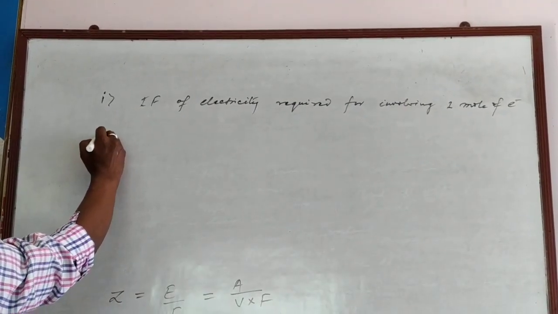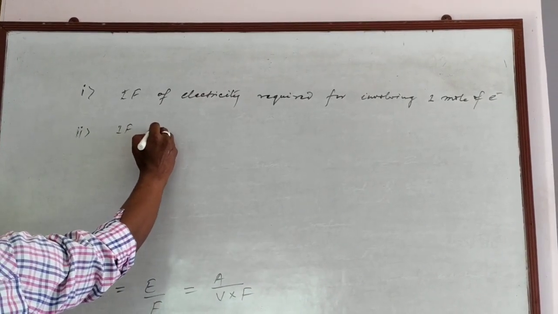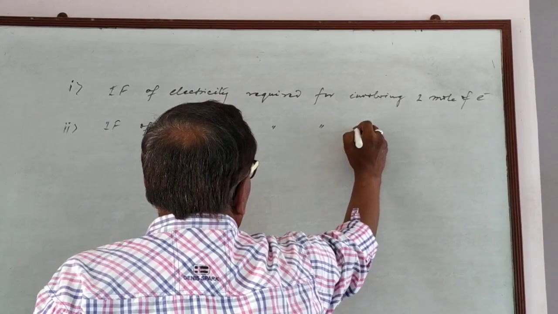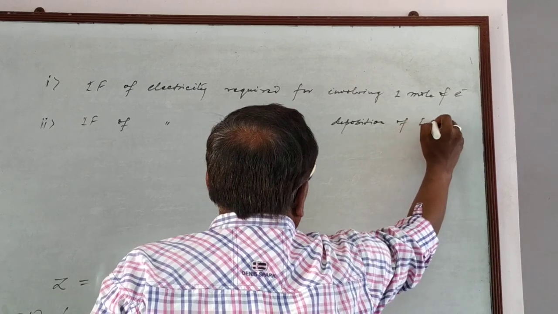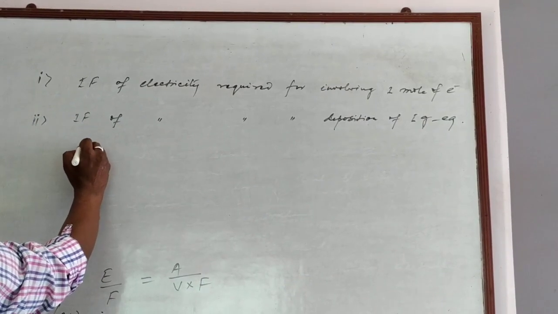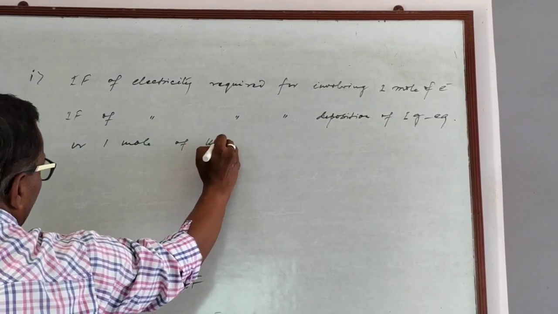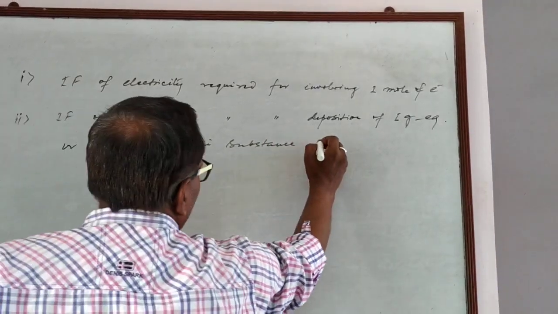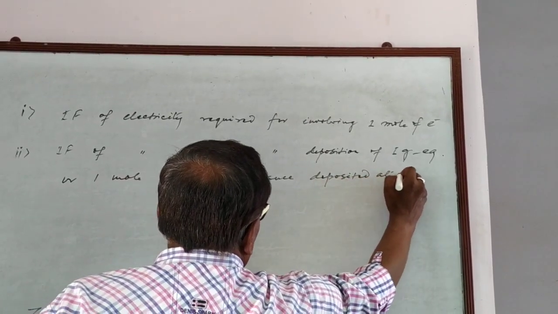Second point: 1 Faraday of electricity is required for deposition of 1 gram equivalent, or sometimes 1 mole, of the substance deposited at electrode.